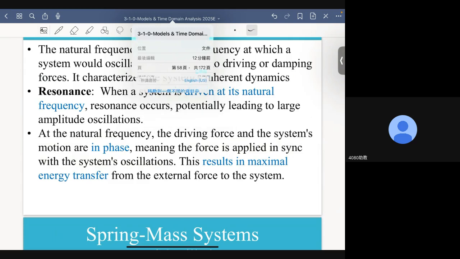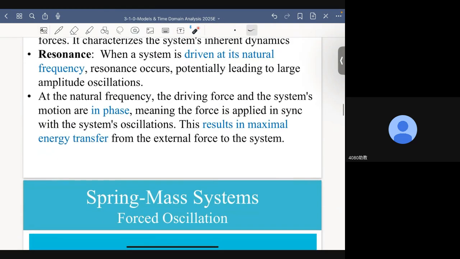However, when resonance happens, these two frequencies are identical, and they are always moving in the same direction.